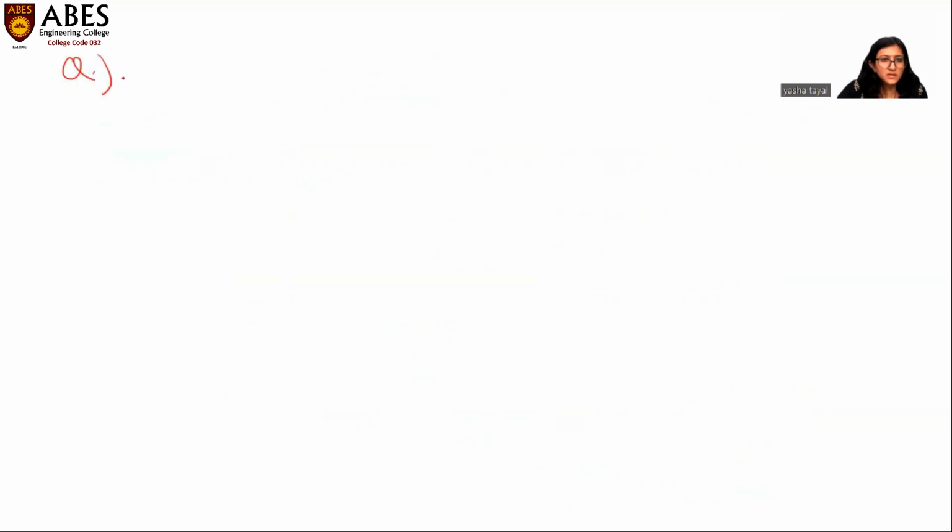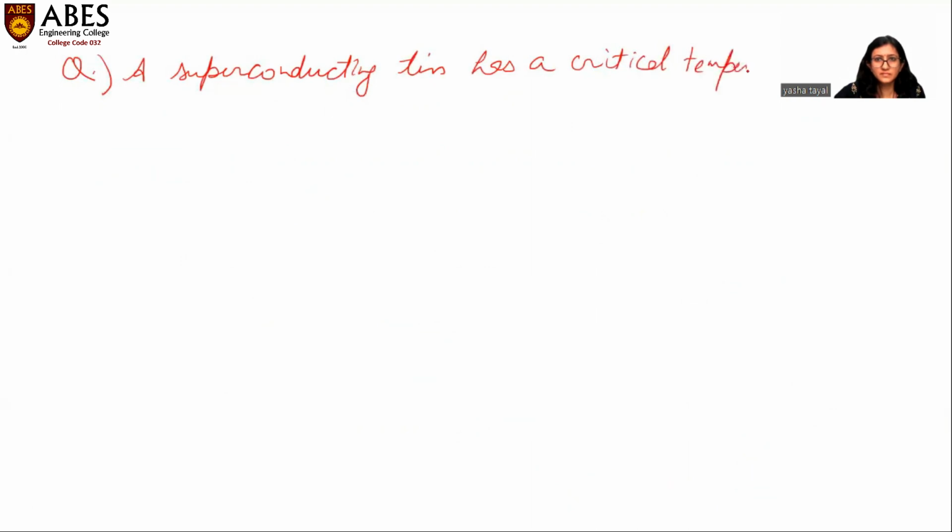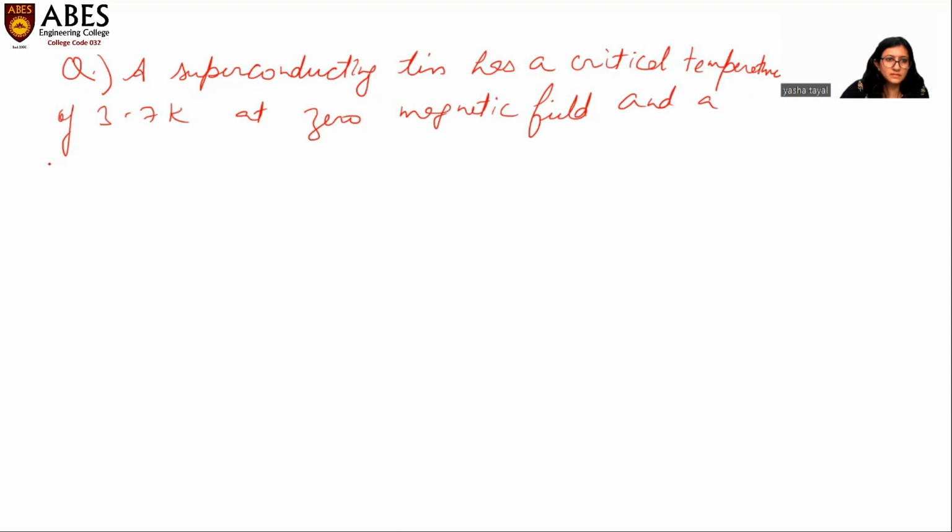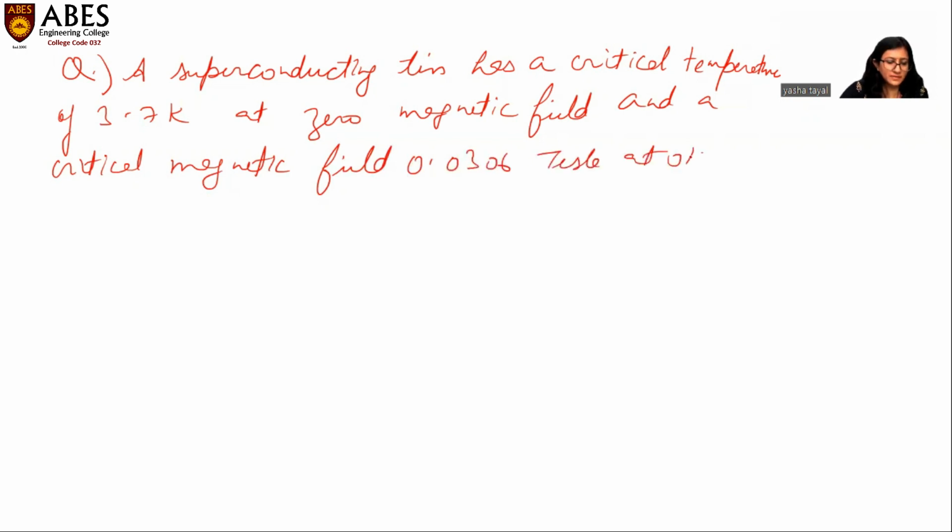critical magnetic field. Here the specimen we're going to take as tin, a superconducting tin has a critical temperature of 3.7 Kelvin at zero magnetic field, and a critical magnetic field 0.0306 Tesla at 0 Kelvin.